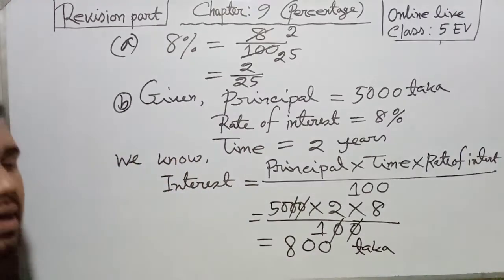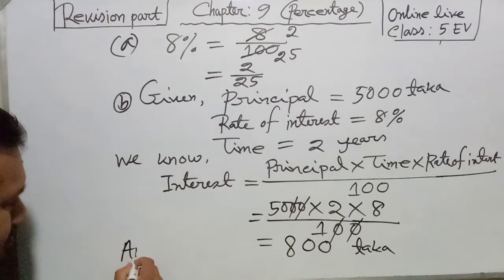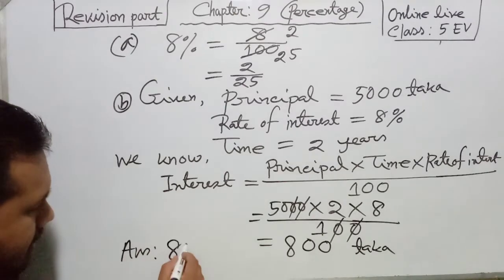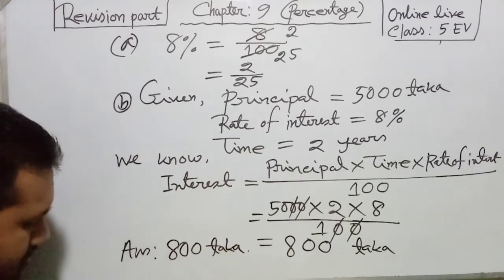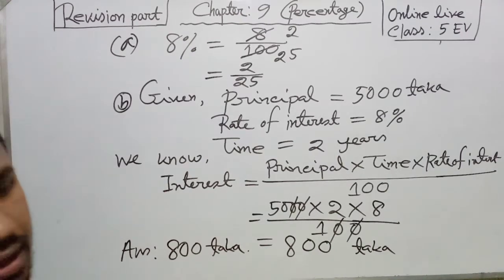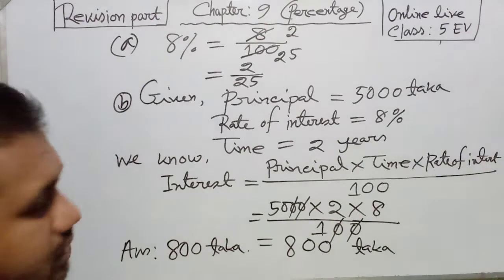So we can write our answer 800 taka. So after 2 years the interest will be 800 taka. Clear, dear students?